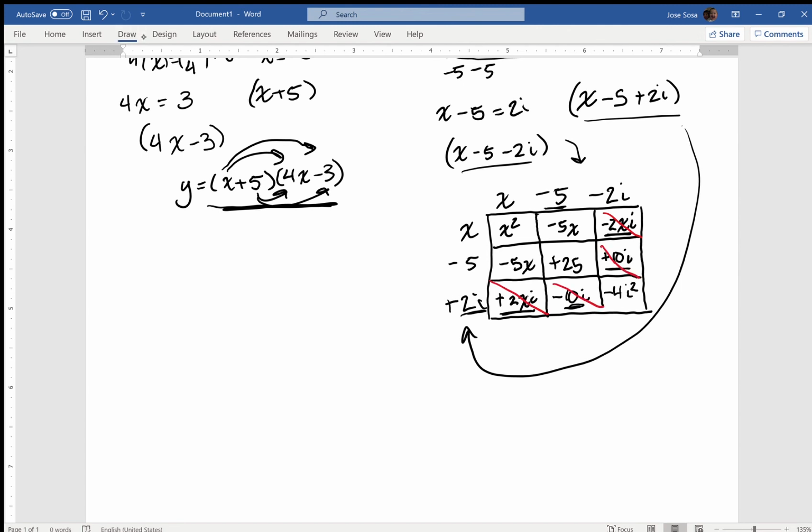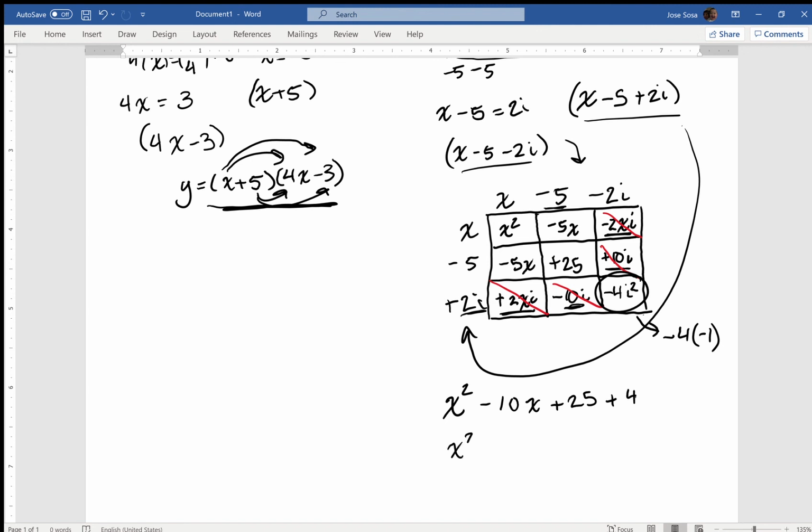And so in the end, I have x squared minus 10x plus 25. And of course, this part right there, if I'm gonna move it over here, we know that that is negative 4, and i squared is just negative 1, so plus 4, because negative times a negative is a positive.